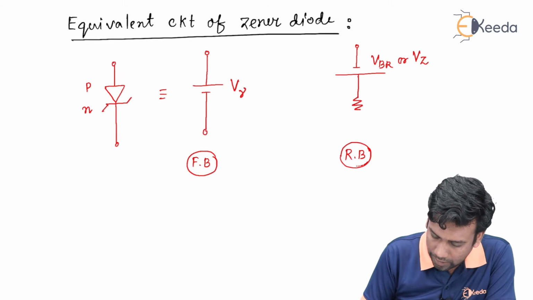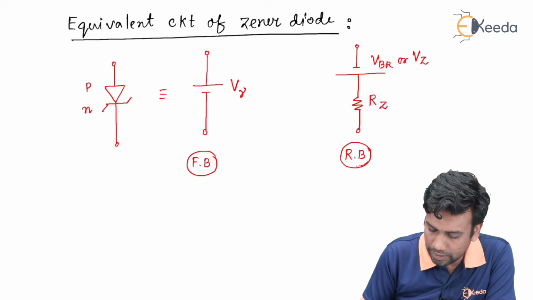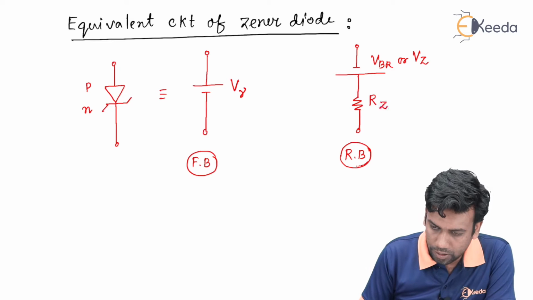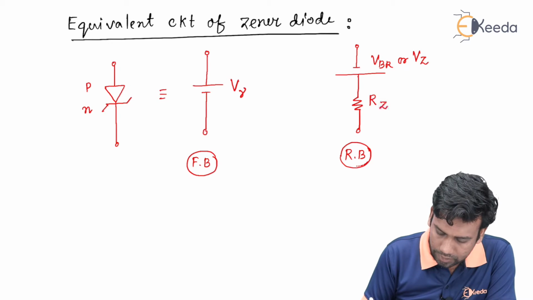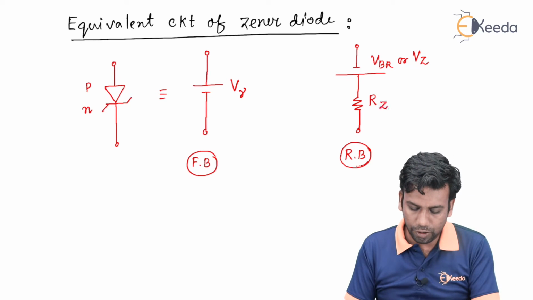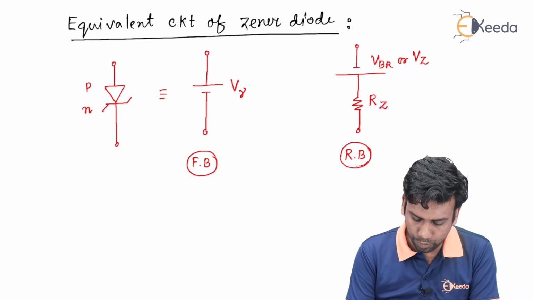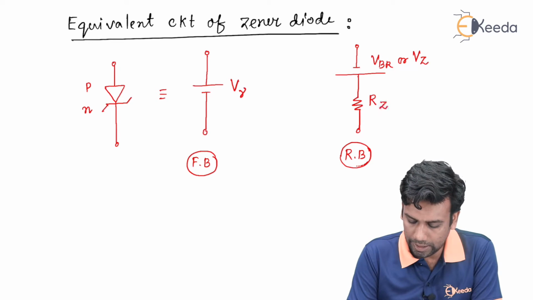With this we will have a value of internal resistance or dynamic resistance Rz. These are the circuits. So, we have got the equivalent circuit of the Zener diode for both the forward bias and the reverse bias region.